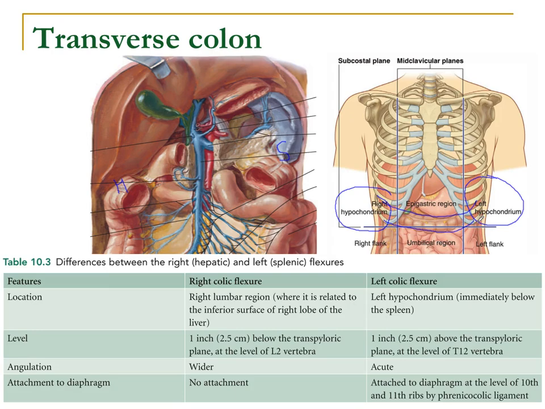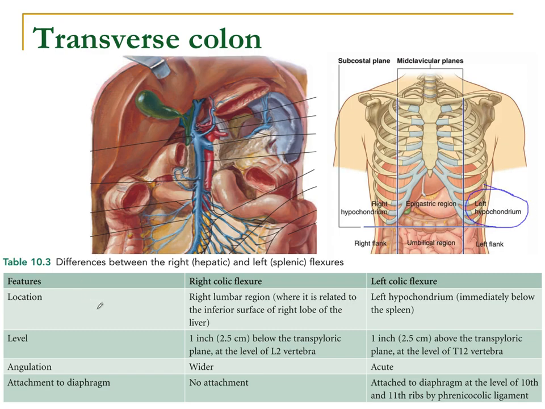Let's discuss more about the splenic flexure and colic flexure. The right colic flexure is located here in the right hypochondrium or right lumbar region, and this left colic flexure is present somewhere here in the left hypochondrium region.